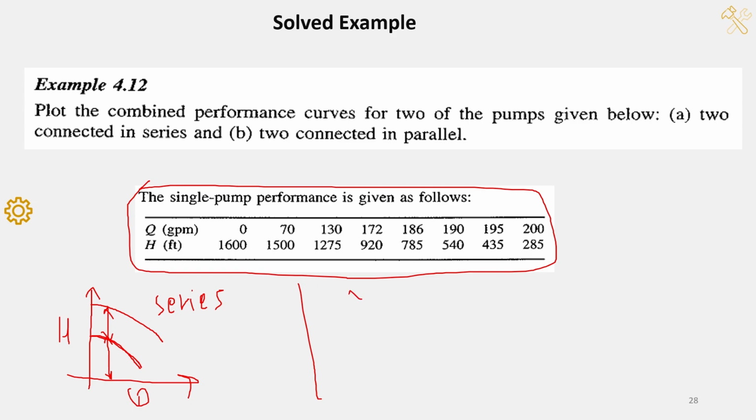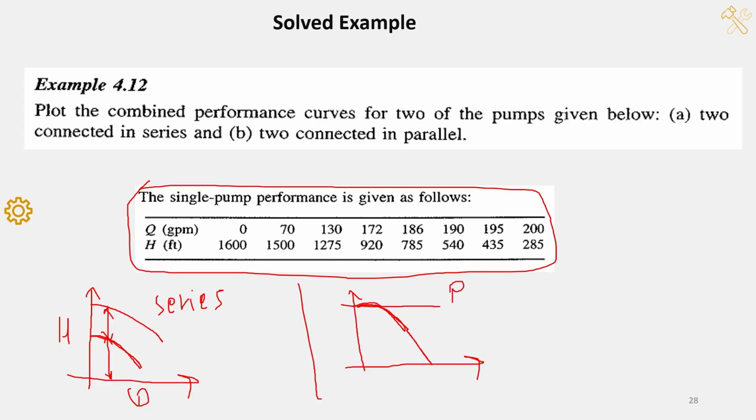In the other case, if you put the two pumps in parallel, then this is the pump performance curve of 1, and this is the pump performance curve of 2. But then what? The head will not change. So basically what you will get is an increased flow rate. And of course, if this is one pump and you add another pump, it will add to the flow rate, but the head will be what?